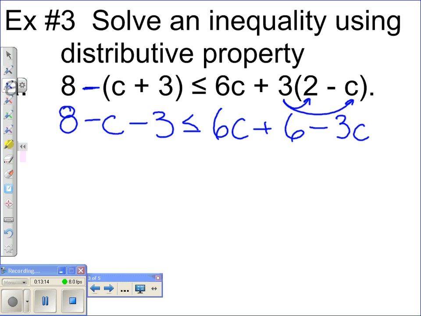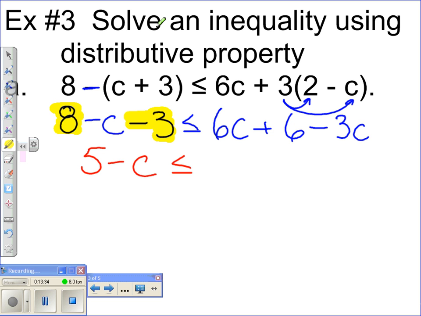Now we got to look at combining like terms. Left side, we have an 8 and minus 3. What is 8 minus 3? Good, that's 5. So 5 minus c less than or equal.